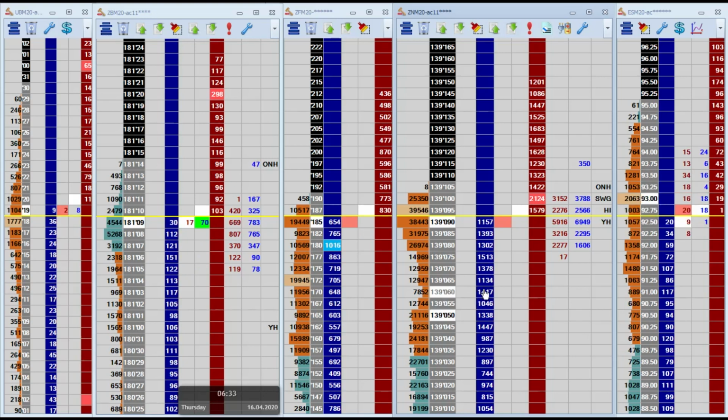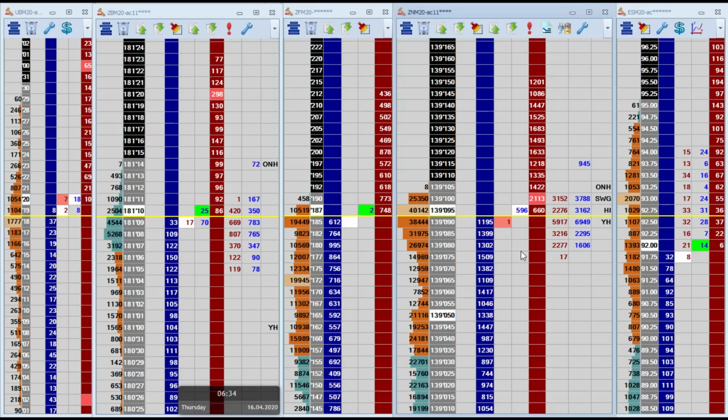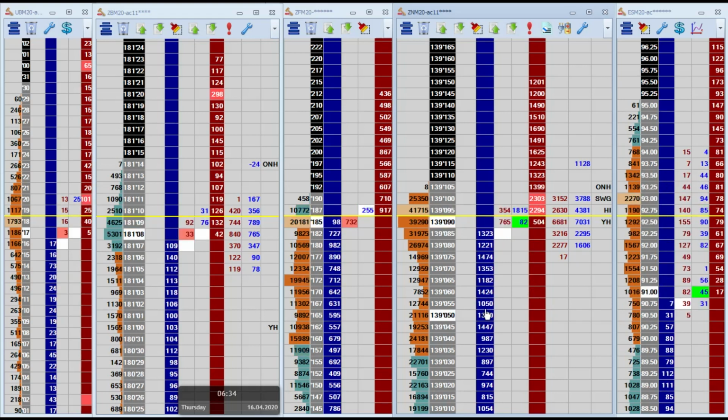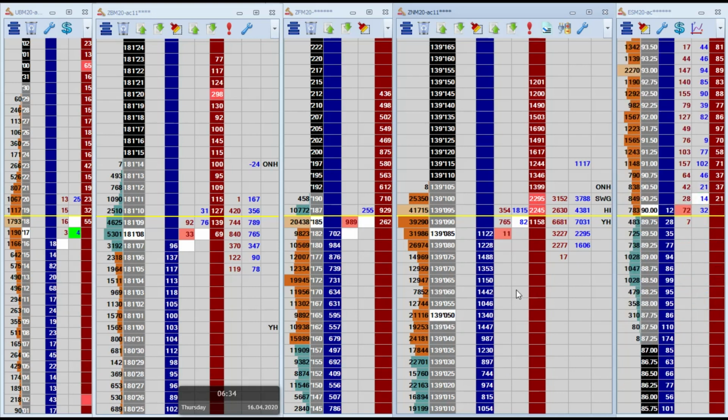The 10-year's been taking out the offer and then immediately attacking higher, and then taking out the offer and immediately attacking higher. So it's easy just to jump in mid-profile and just hold on and watch it stack up and plow higher, and then it'll stop, it'll rest, and then it'll turn around and do the same thing back down, and then it'll stop, and then it'll do the same thing back up.